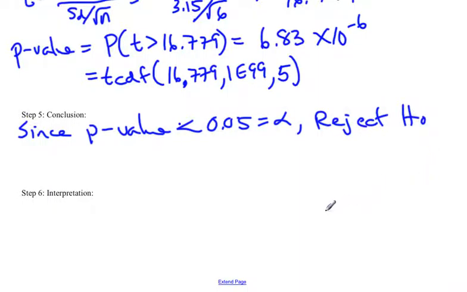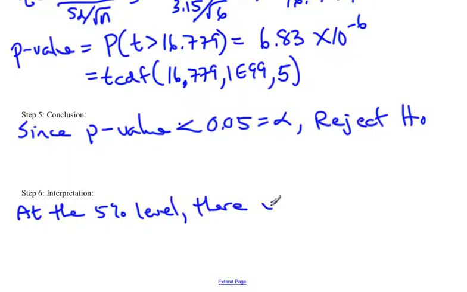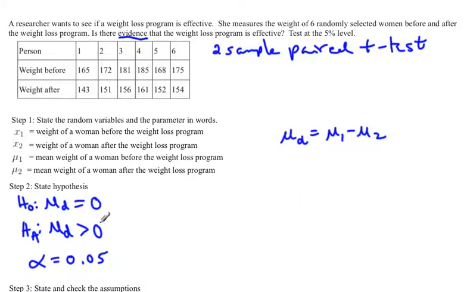That's fine to say, but now we want to interpret it and let people know. So at the 5% level, there is evidence. If we're rejecting H0, then there's evidence that HA is true. So there is evidence that, what did HA say? Let's go back and look at our HA. HA said mu sub d was greater than 0, which means that people did lose weight.